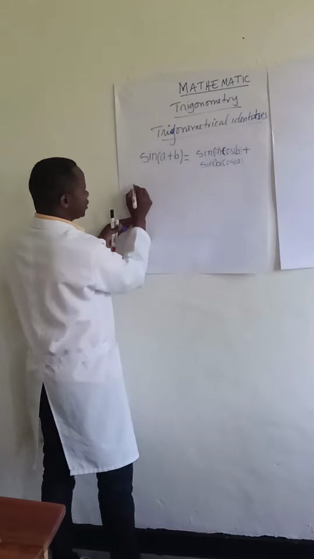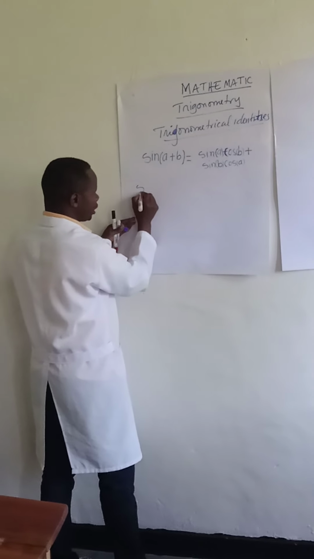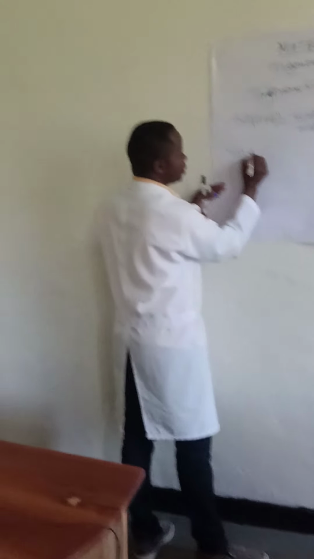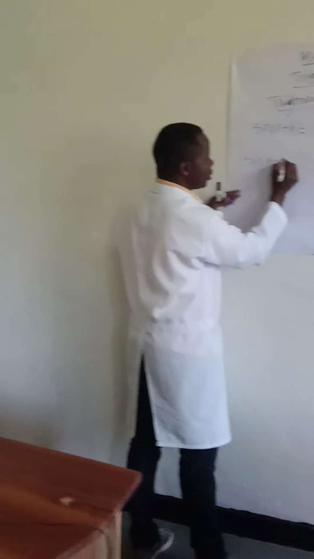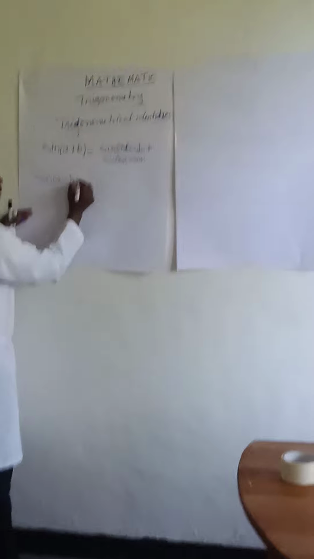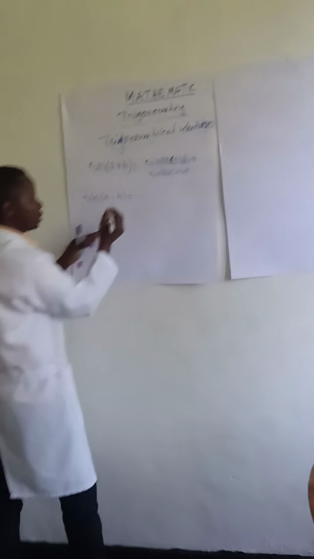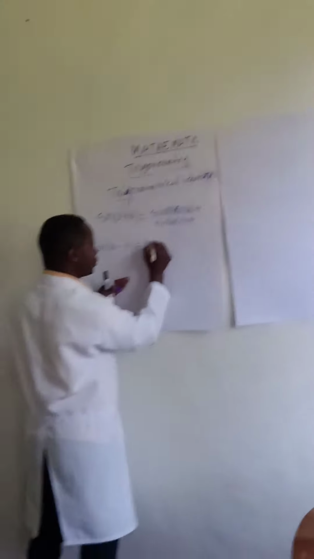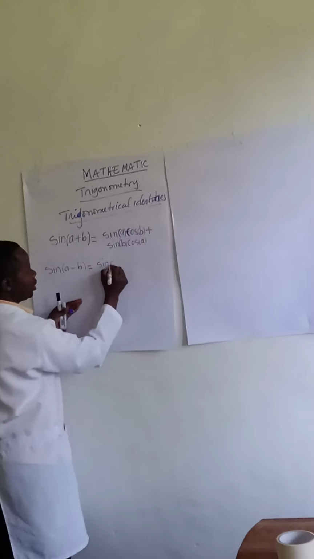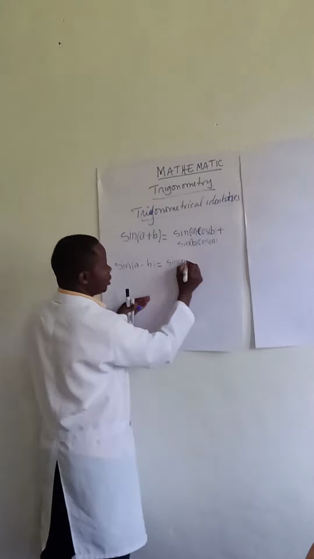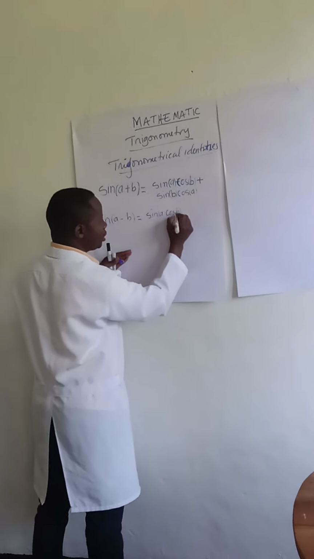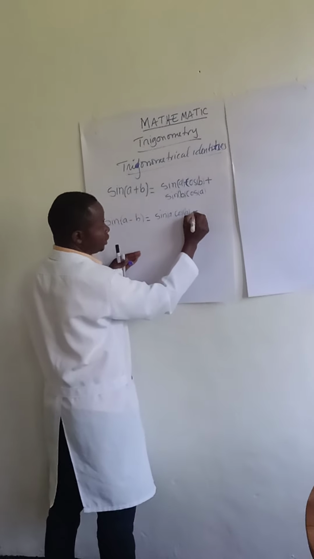And we have also seen that sine of angle A negative angle B is equal to sine of angle A times cosine of angle B, then negative.